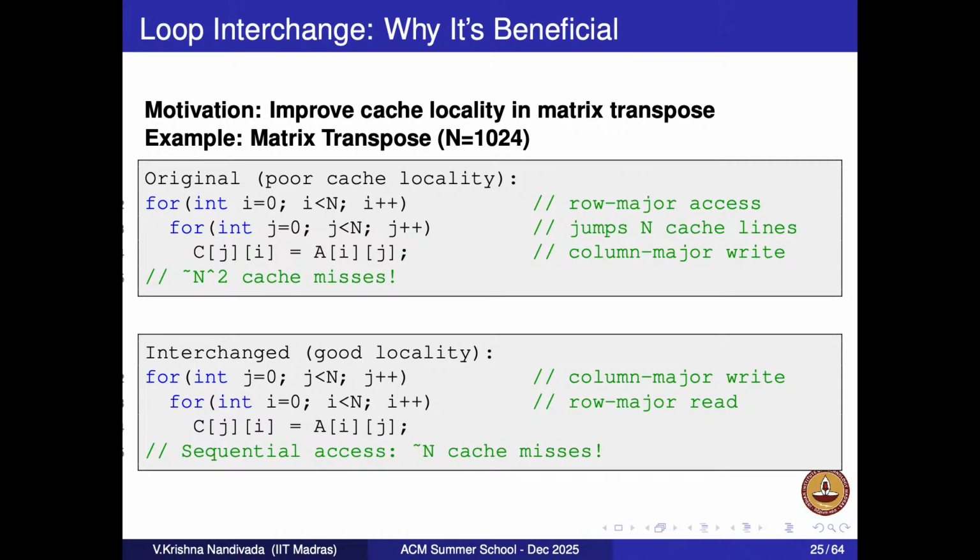Is that fine? What happens here? I have interchanged. Do you see that there is no dependence between iterations? Is there any dependence between iterations? No. I can interchange. This is safe to interchange. But is it profitable?